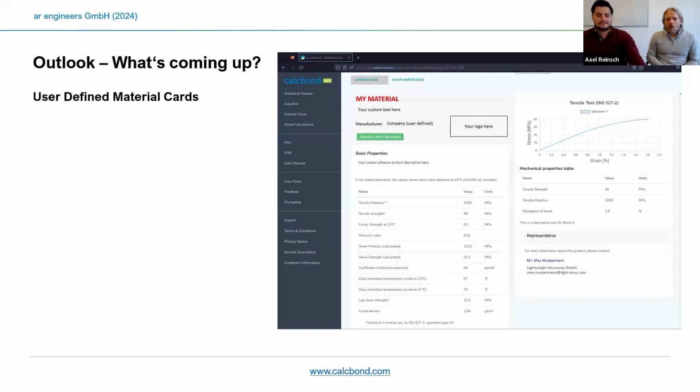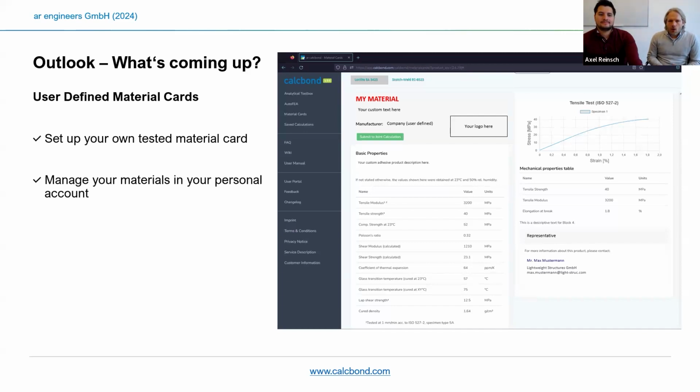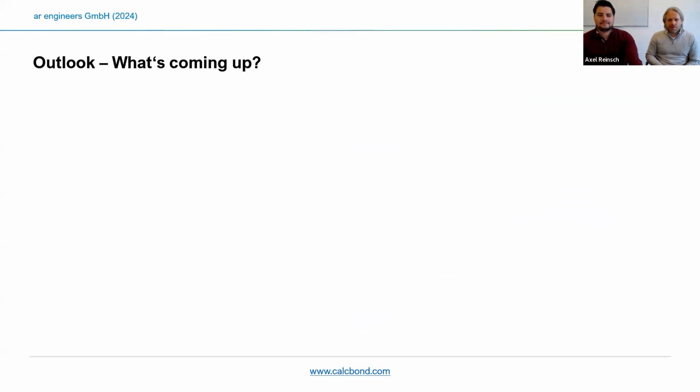We work on user-defined material cards, so you can come from a material that we have on the platform, or even not, and implement that on the platform, so we can use your own material data set and even share that with your colleagues or with an external engineering service, a freelancer or a test office or whatever, and work from the same database.